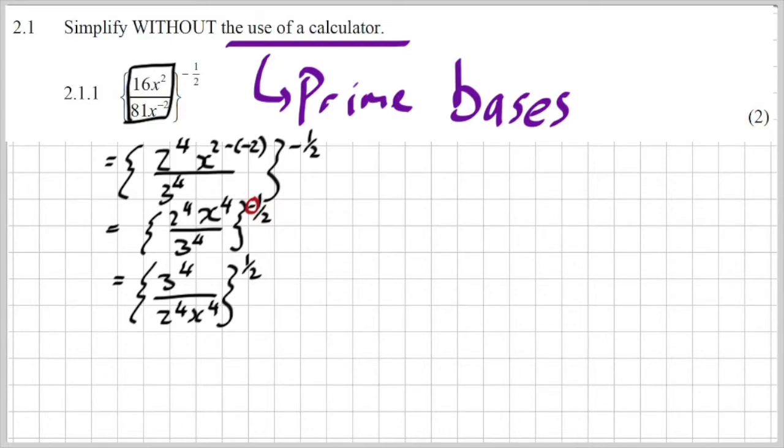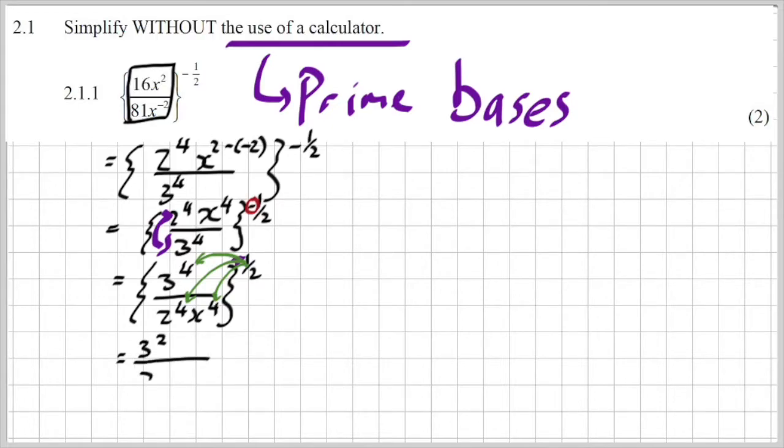In other words, I make the negative exponent positive, and my numerator and my denominator flip around. We call that reciprocating. Then I'm going to distribute the power of a half in.